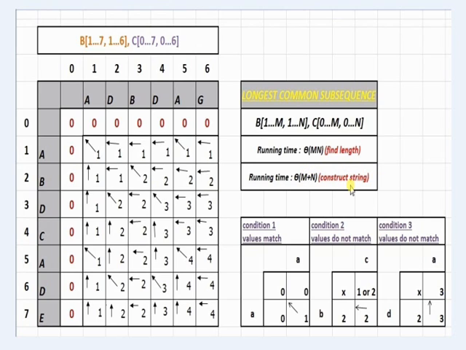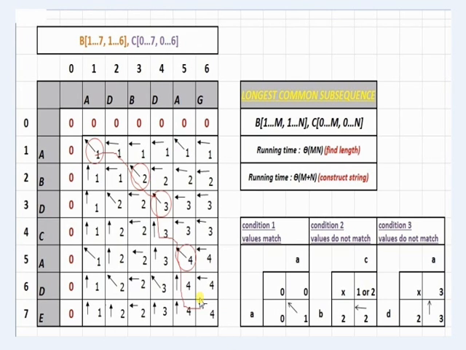So now let us see how we can follow the arrow signs and find the longest common subsequence. This is your final array, which looks like this. Now we have to follow the path of the arrows, and whenever we find a diagonal arrow, we put a circle there, which indicates that it is a matching character contained in our longest common subsequence.